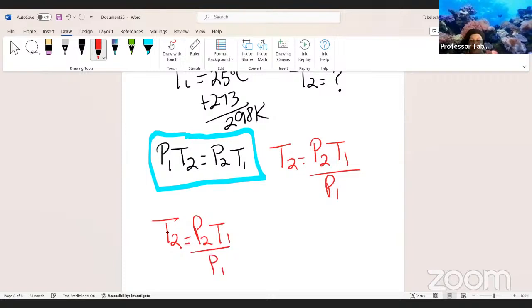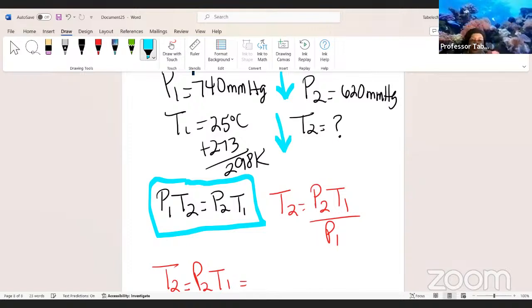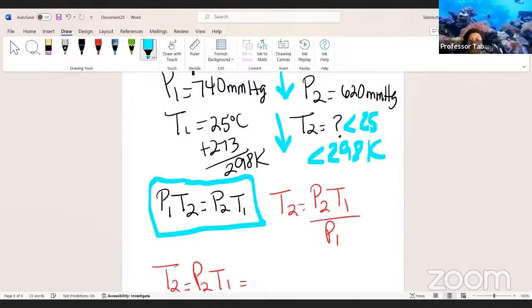Now, to finish this problem, because I'm looking for T2, which is P2 times T1 over P1, I'm going to plug in the second pressure reading. Remember, because I was initially given 740 and it dropped to 620, we know that our temperature is also going to drop. So the number that we predict will be less than 298 Kelvin, or less than 25 degrees Celsius.